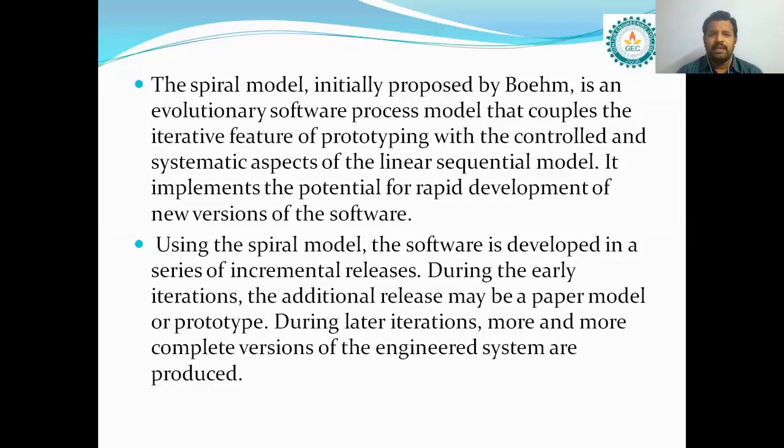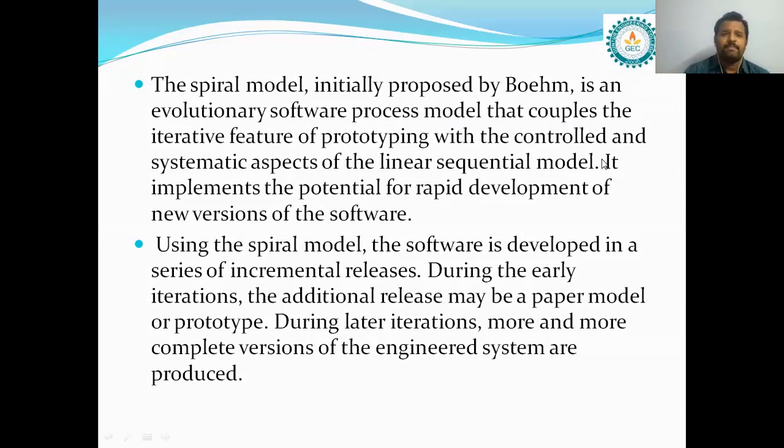The spiral model, initially proposed by Boehm, is an evolutionary software process model that combines the iterative features of prototyping with the controlled and systematic aspects of the linear sequential model.